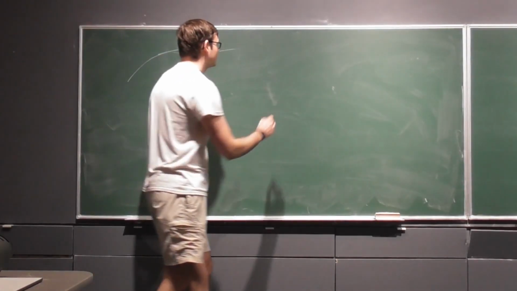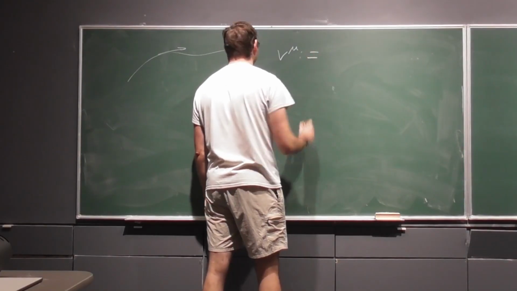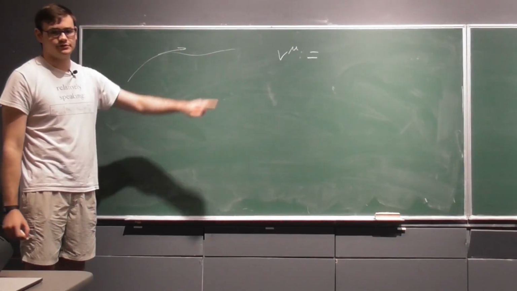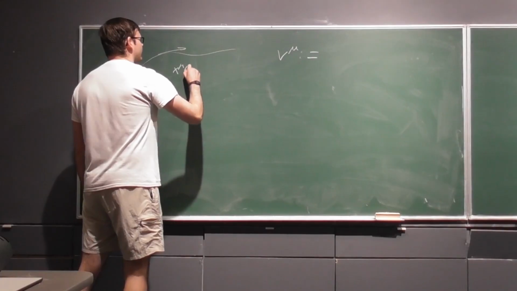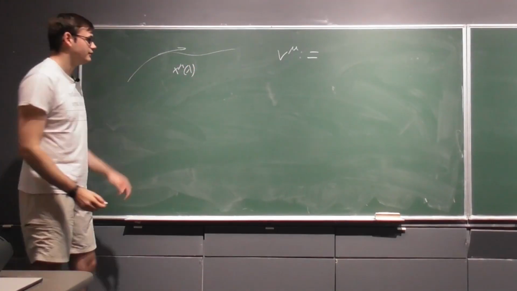So let's start there. I'm going to define a vector with an upper index. For this, we need some curve through spacetime, where the points in the curve are given like this, and lambda is some real parameter.